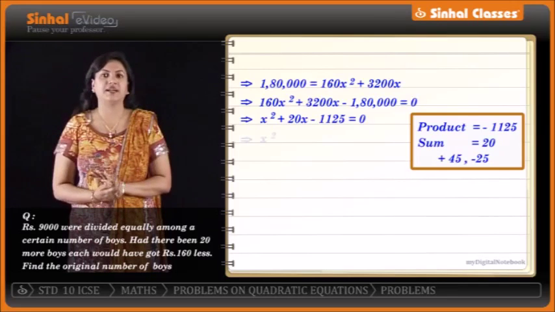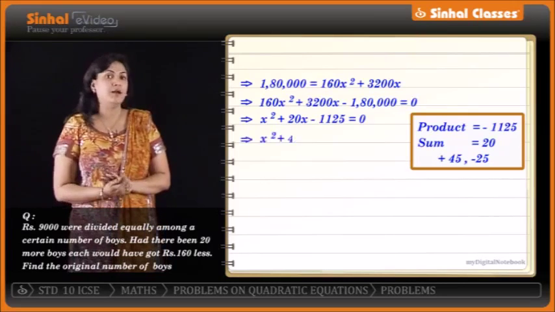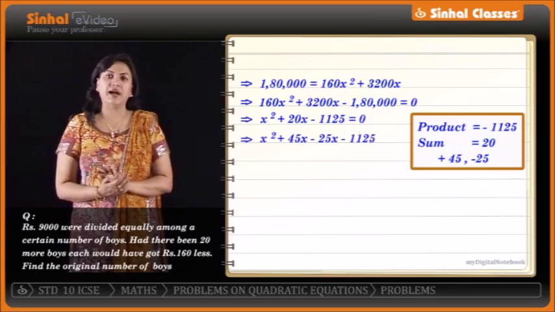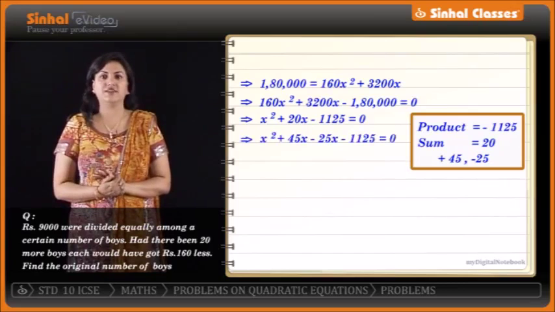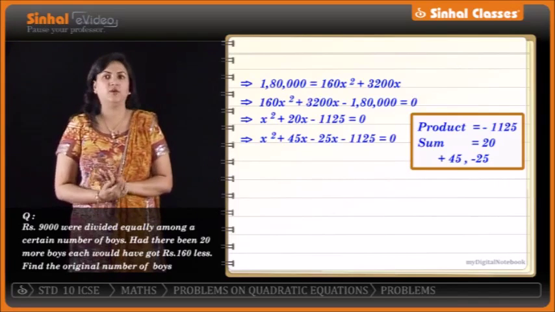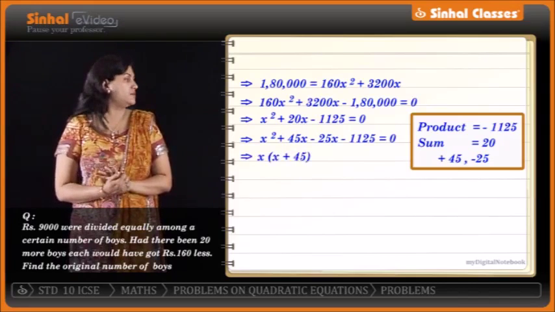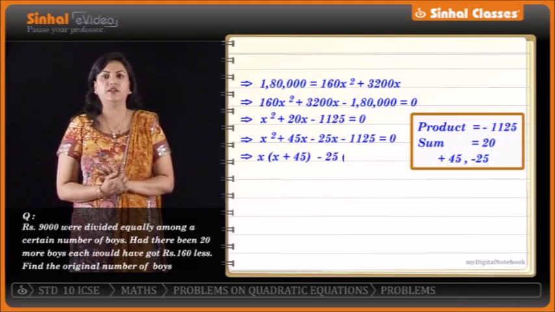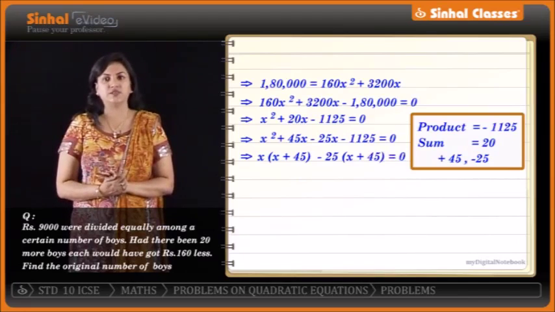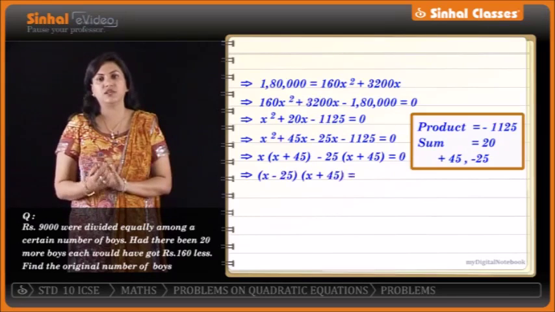So the equation becomes x square plus 45x minus 25x minus 1125 is equal to 0. Now from the first two terms, x common, we have x plus 45. From the last two terms, minus 25 common, we have x plus 45. We write this as x minus 25 into x plus 45 is equal to 0.